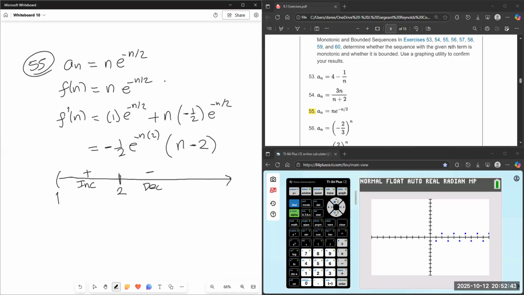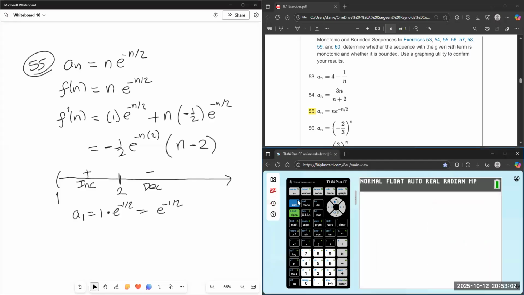So now that we know how far we need to go, just find A1, which is 1 times e to the negative 1/2, which is e to the negative 1/2, approximately 0.6065.